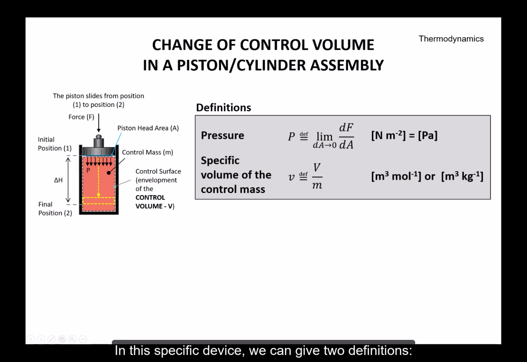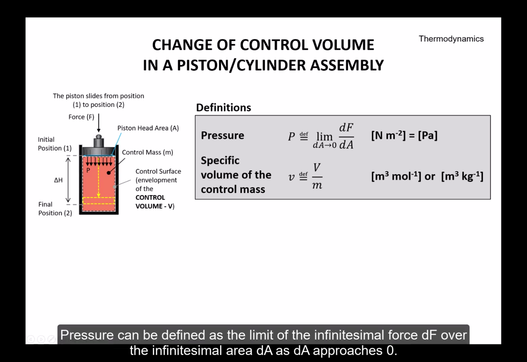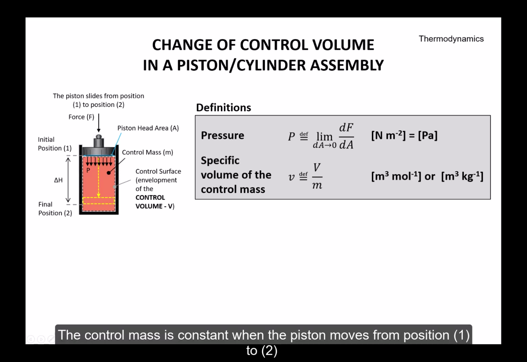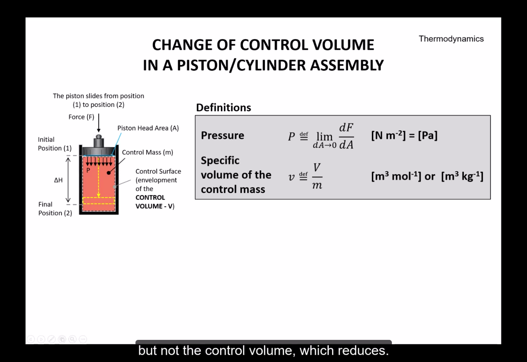In this specific device, we can give two definitions. Pressure can be defined as the limit of the infinitesimal force dF over the infinitesimal area dA as dA approaches zero. The specific volume is clearly the ratio between control volume and control mass. The control mass is constant when the piston moves from position 1 to 2, but not the control volume, which reduces.